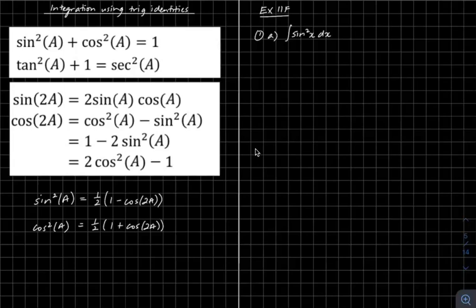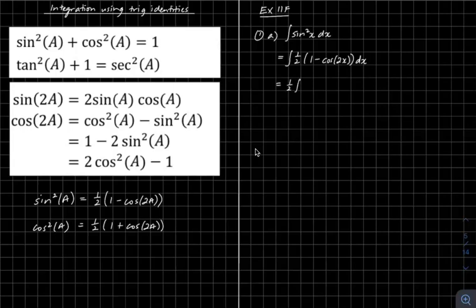However, using what we've just talked about, sine squared x we could write as a half of 1 minus cos 2x dx. So now we've simplified that from a second order trig expression to a first order trig expression.